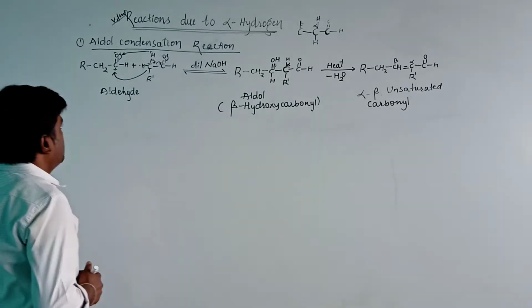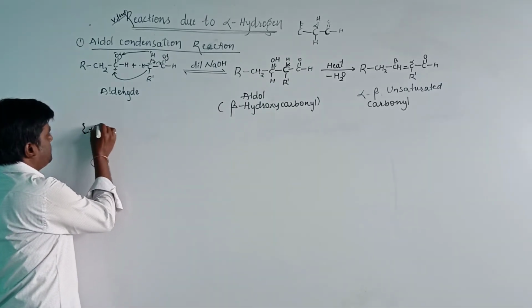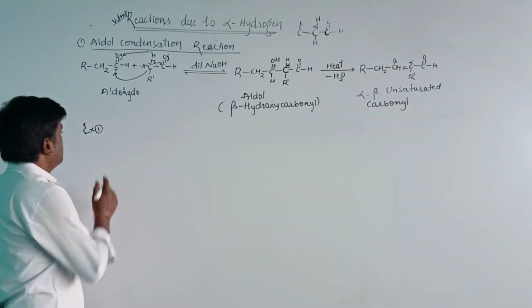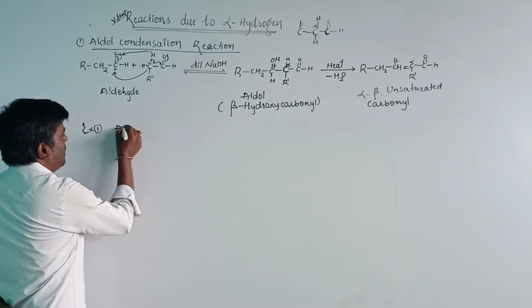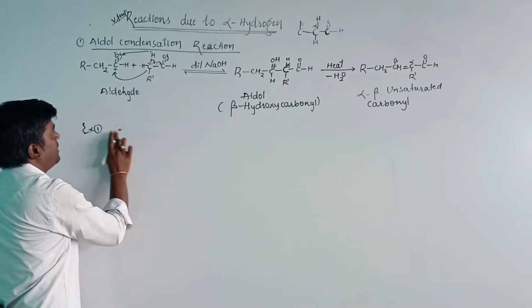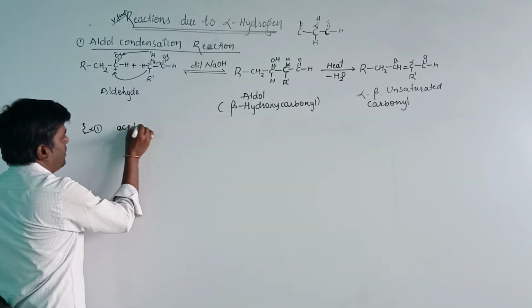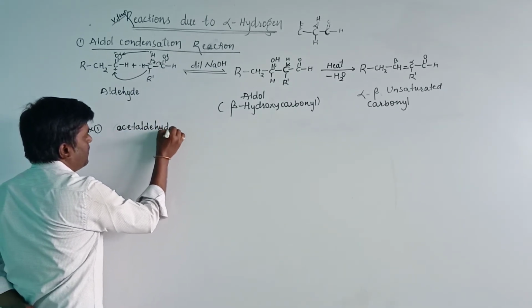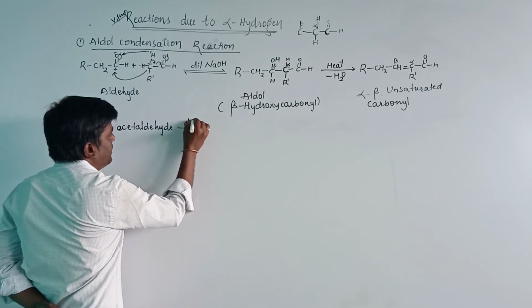Okay, welcome back. Example one. Consider the example of aldehydes. In place of aldehyde we will take acetaldehyde. The acetaldehyde reacts with dilute NaOH.